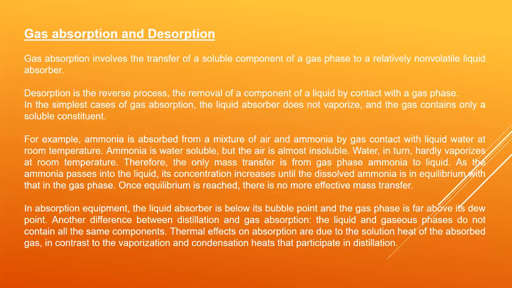It's not yet about to condense. Another difference between distillation and gas absorption is that the liquid and gaseous phases do not contain all the same components. In the case of gas absorption, your components in the gas phase and in the liquid phase are not necessarily the same. Most of the time, they're not the same.